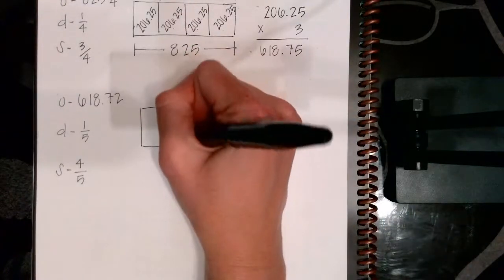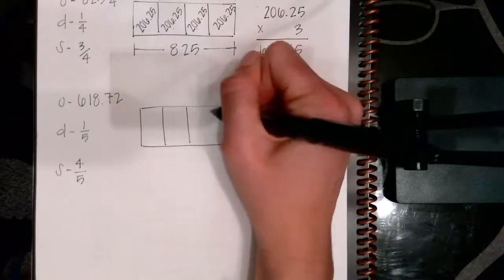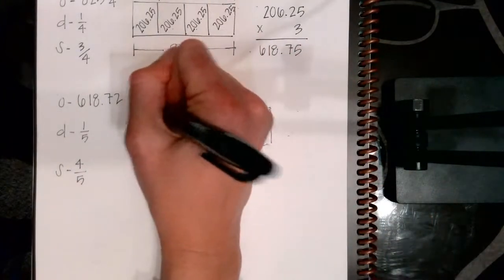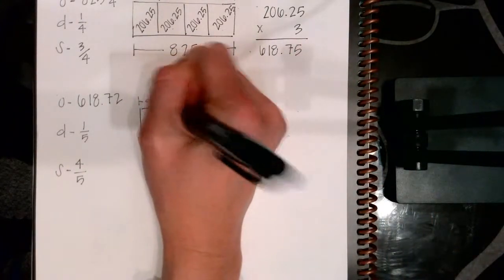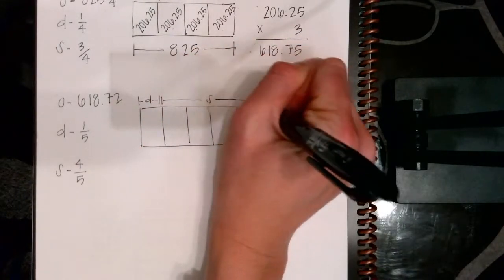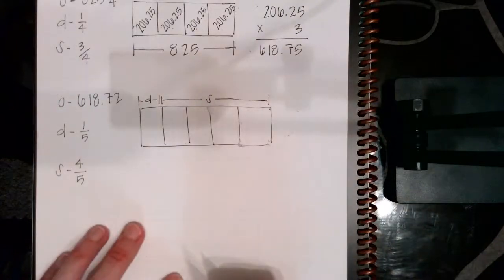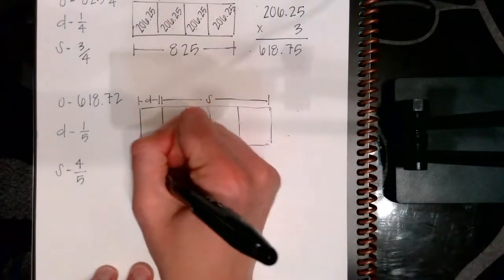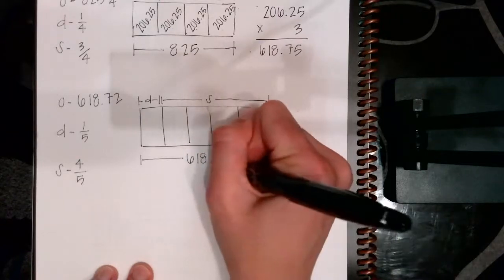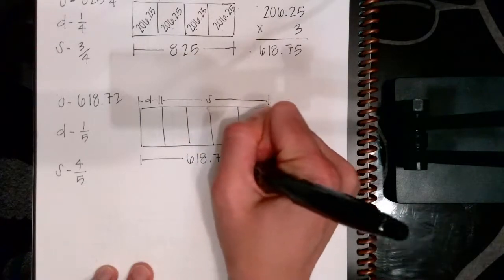So I'm going to go ahead and draw my tape diagram. Split it into 5 pieces. Label my discount. Label my sale price. I know that this whole original is $618.75.